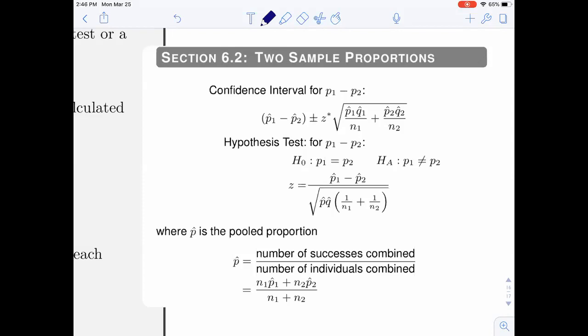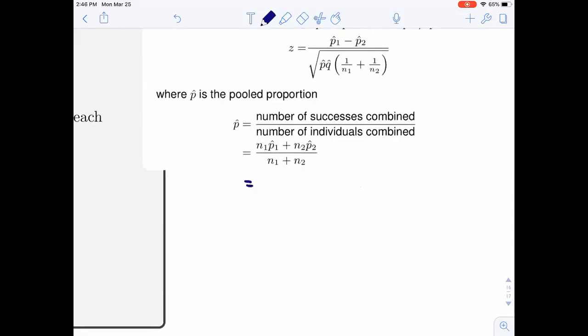And so you can calculate it as N1 times P1 hat plus N2 times P2 hat over N1 plus N2. Or if you want, it's also equal to x1 plus x2, remember, x is the number of successes in each group, over n1 plus n2. So those first two are the ones on your formula sheets, but you can remember it as x1 plus x2 if you want.